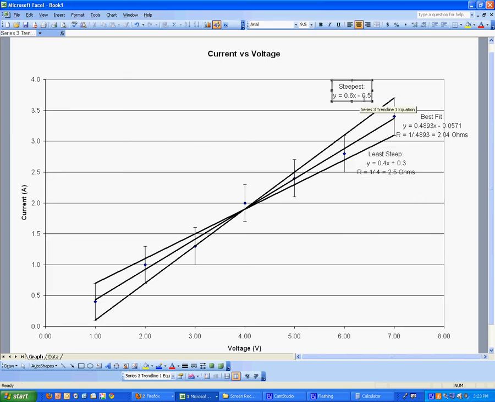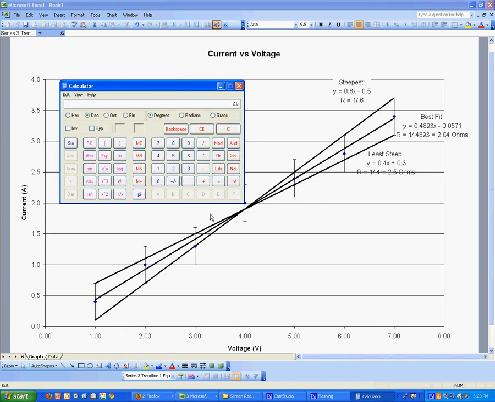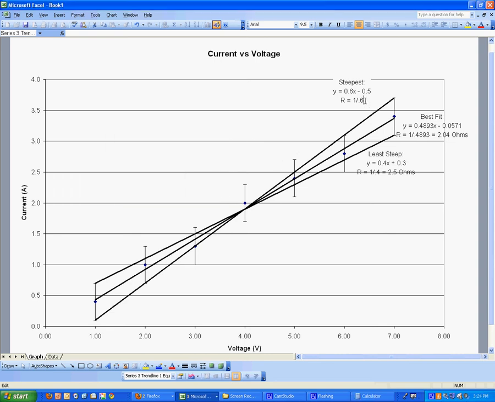Okay, so then now we just need to do the steepest, right? So R is, and this will be the minimum resistance, right? So R equals 1 divided by 0.6, which that'll come out even, right? So that's going to be 1 divided by 0.6. 1.66666666666.